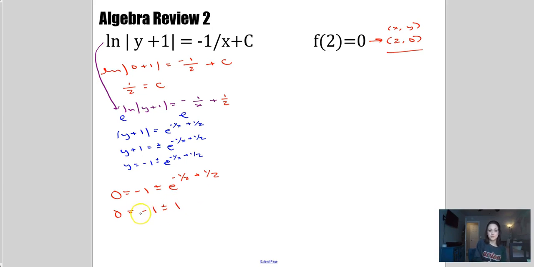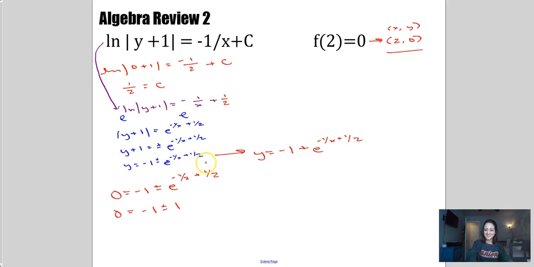So would the true statement be negative 1 plus 1 or negative 1 minus 1? The plus is what would give me a true statement here, right? So my final answer is y equals negative 1 plus e to the negative 1 over x plus 1 over 2.